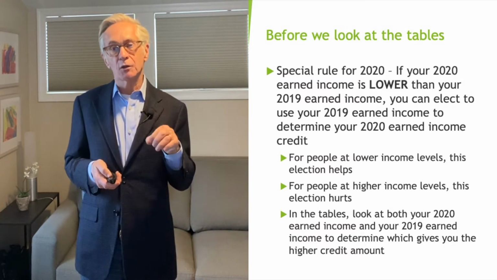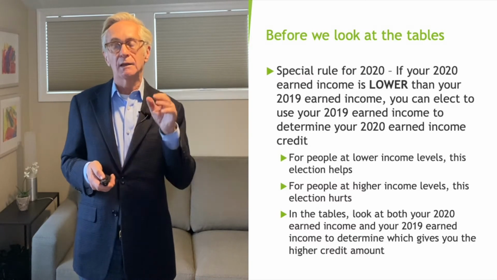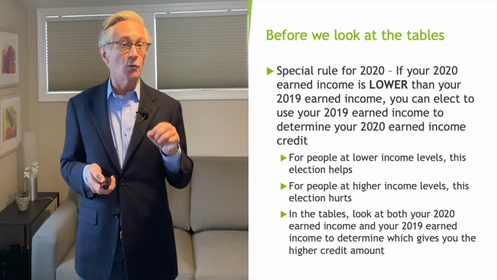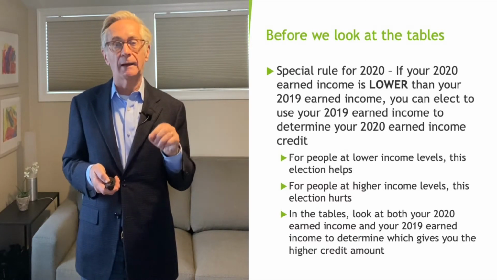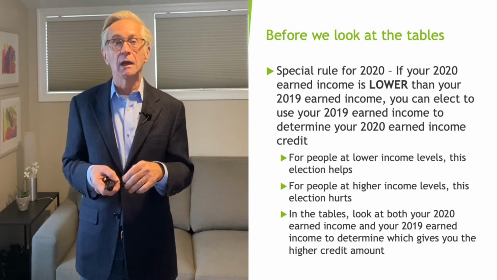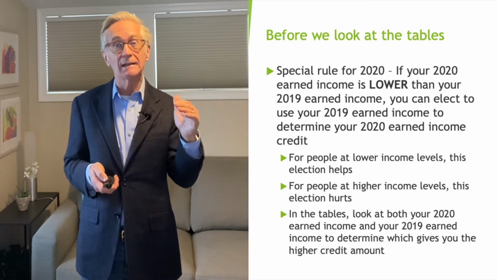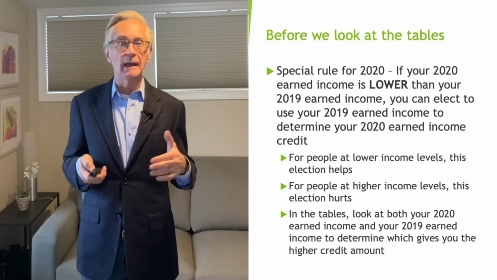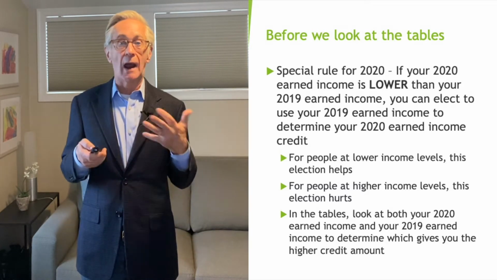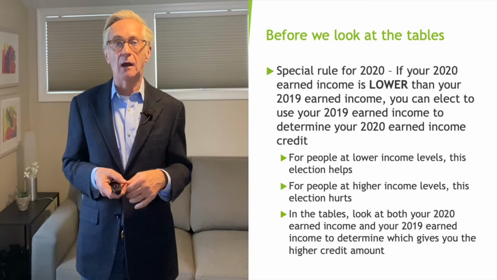It's a special rule enacted by Congress because they realized that due to the coronavirus, many people have had a drop in earned income between 2019 and 2020. Maybe they got laid off from their job, maybe their hours were reduced, so their income has gone down in 2020.